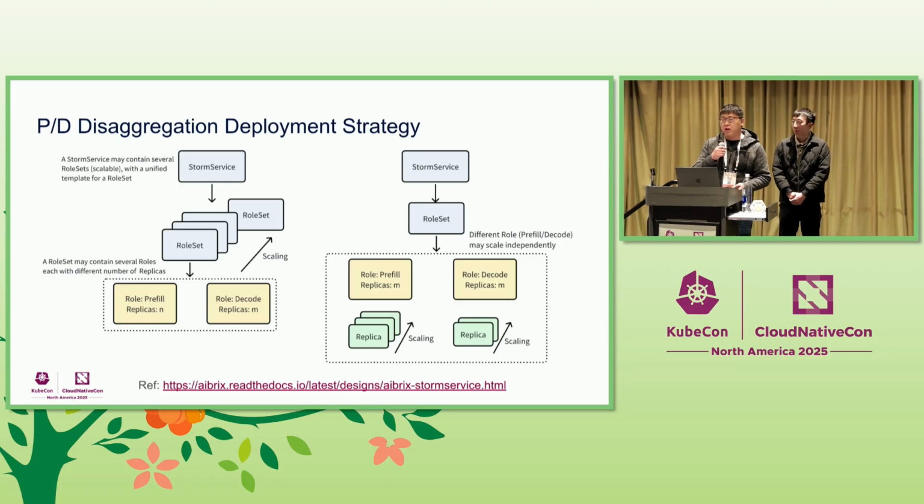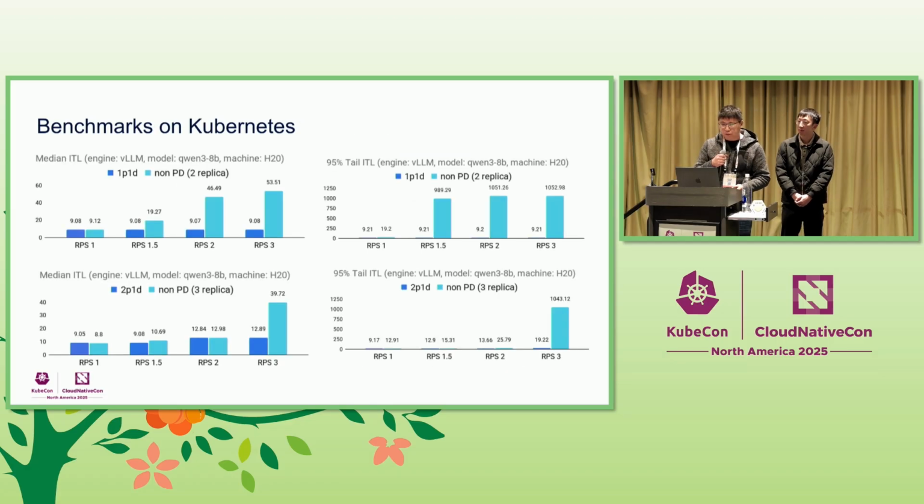Routing will pick an instance within the RoleSet instead of picking PD workers from different RoleSets. In pool mode, each role is supposed to be independently scalable. It is designed to handle scenarios where different roles have different scaling needs. The router will pick the least busy prefill workers and decode workers from all instances under the service.